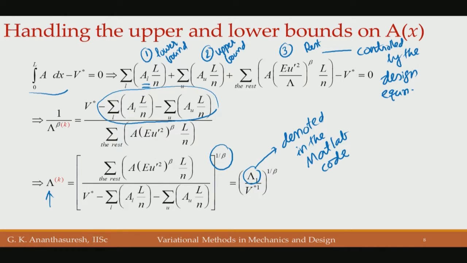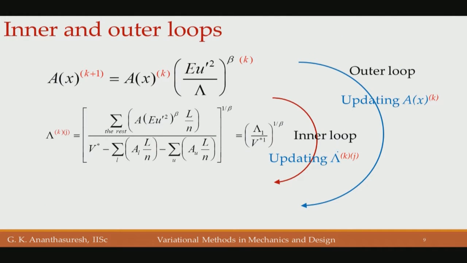This is our algorithm. So, if you look at how the algorithm works, we have A k plus 1 being updated from the kth iteration information, okay, and then we keep on looping.